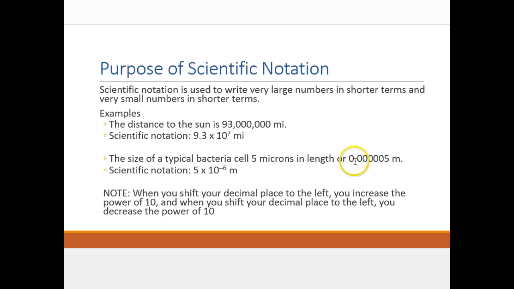So I'm going to take my decimal and shift over 1, 2, 3, 4, 5, 6 places until I get to the 5, because remember we want one non-zero digit to the left of the decimal, and the only non-zero digit here is 5, so I have to shift to the right of 5. And because I shifted 6 places to the right, this becomes negative 6.